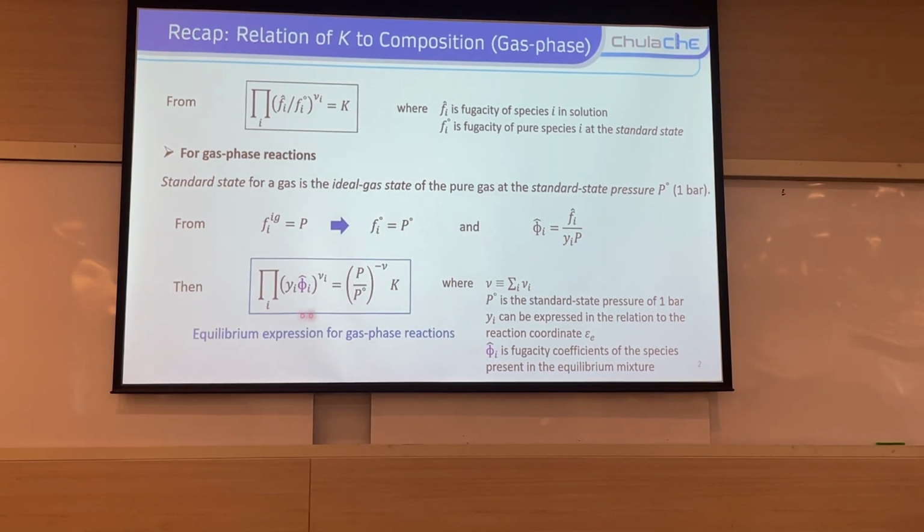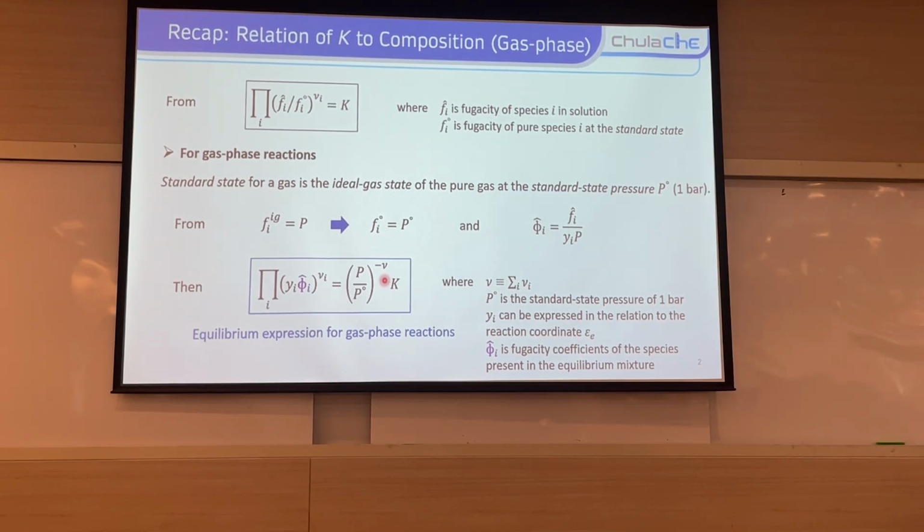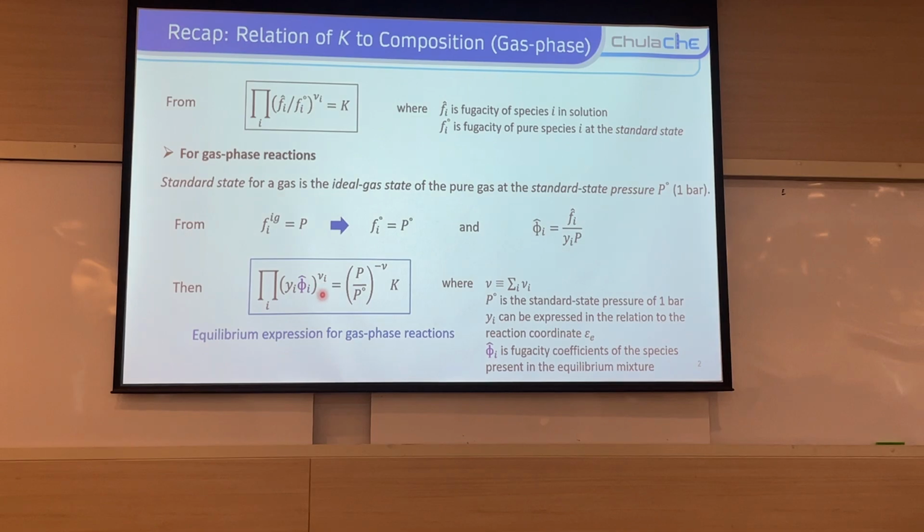So this expression is another important equation when you deal with the gas phase chemical reaction. So you will start with using this equation. One thing that I have to remind you again is that here is the power of the total Stoichkov number, not the individual Stoichkov number for each species.